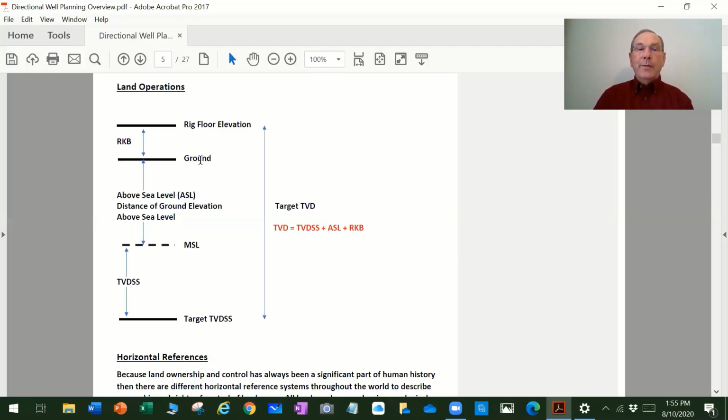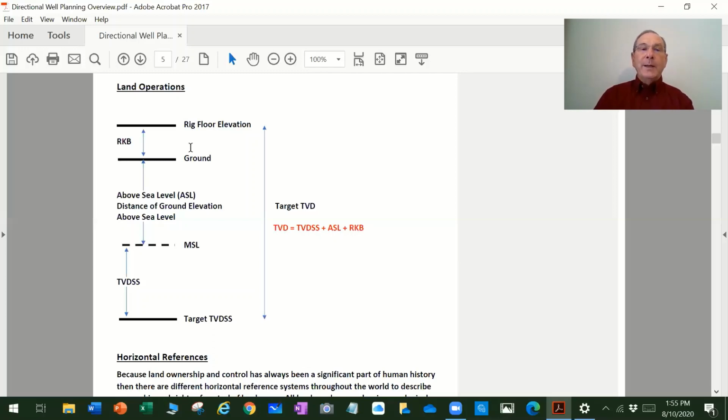Quite often when we start a project and we haven't even built a location yet, we have no idea exactly what our ground elevation is going to be once you have leveled out on the side of a hill to build a land location. And we may not even exactly know the particular rig that we're going to utilize, what the distance is from the rig floor to the ground.